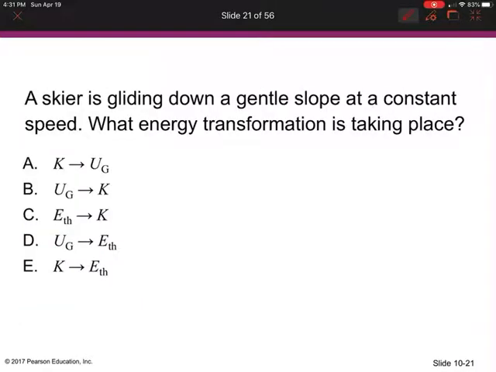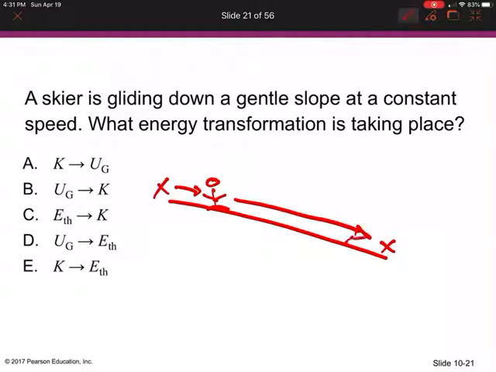Now this one is saying that a skier is gliding down a gentle slope. So they're going down like this, and let's say they started maybe here and they're going to here, but they're in between right now. If they're in between, do they have potential energy still? Yes. Do they have kinetic energy still?